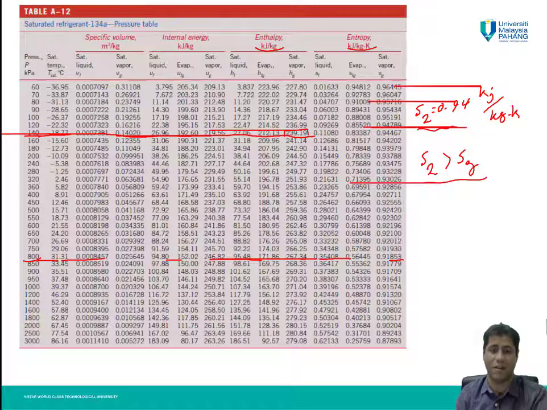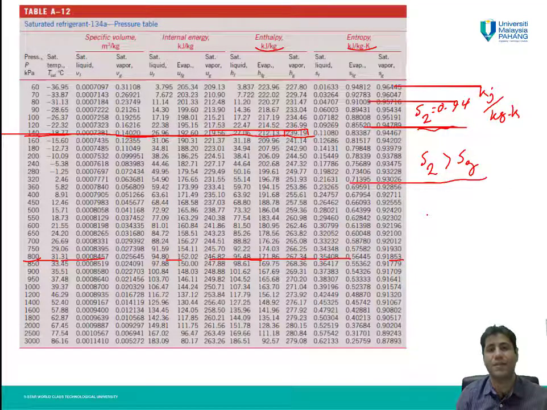So by this, we can also check in which region state 2 is. Now we have checked and we understood that state 2 is in the superheated region.